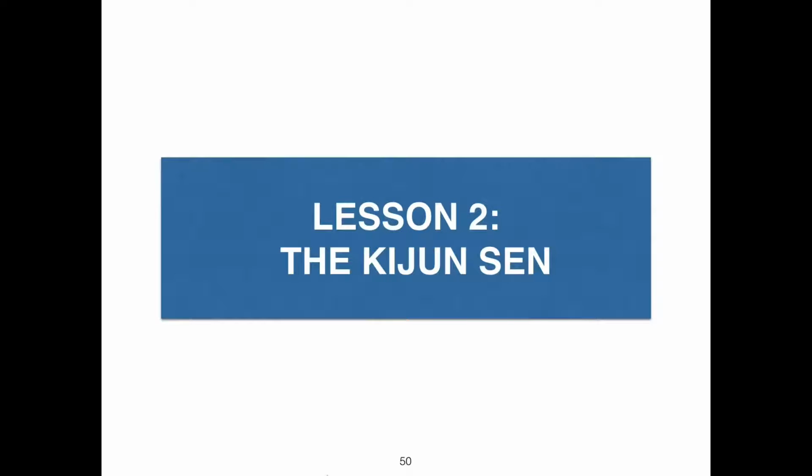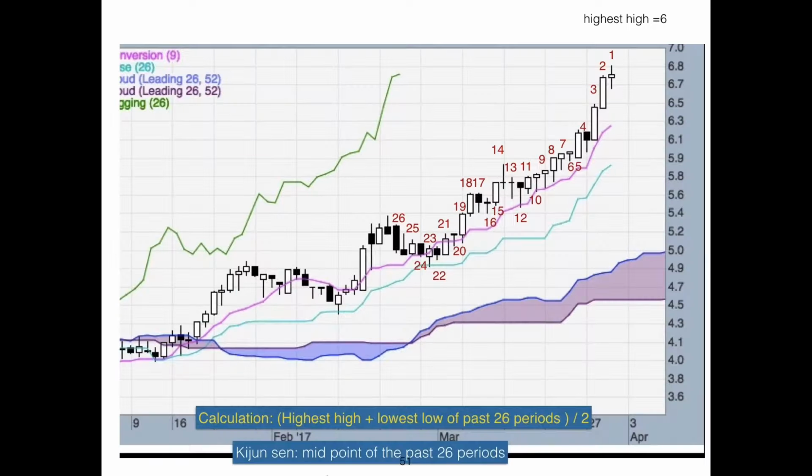Let's do the Kijun-sen. The Kijun-sen is a vital part of the Ichimoku system. It is calculated as the midpoint of the past 26 periods. From the last day's candlestick, we count 26 periods back, then we find the highest high. Here it is 685.